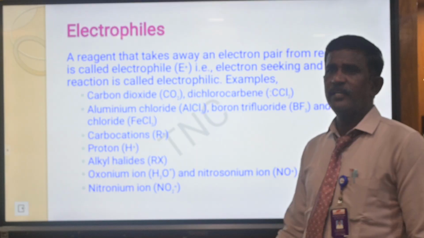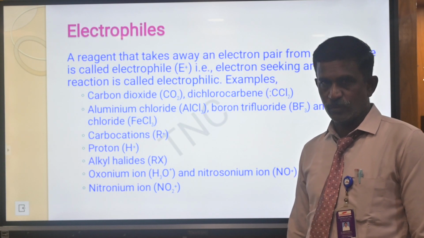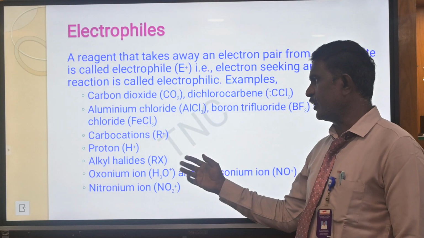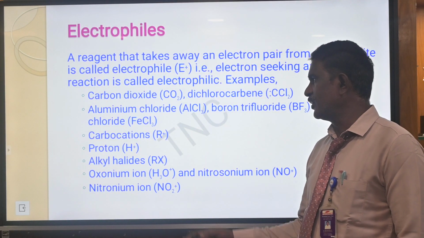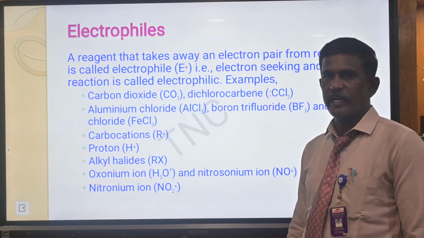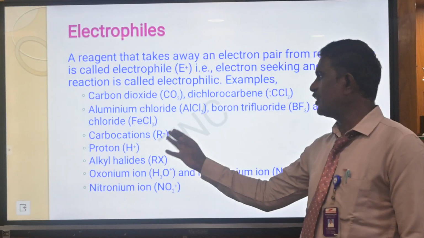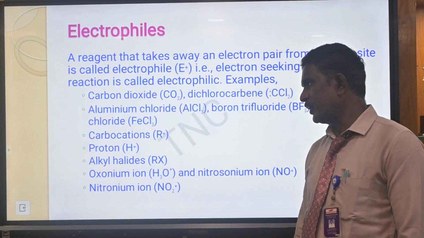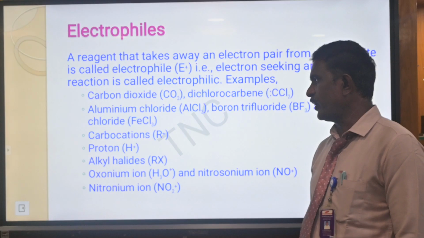Then carbon feels less electron density, so it acts as an electrophile. Similarly in ferric chloride, iron is electron deficient; in aluminum chloride, aluminum is electron deficient. These kinds of metal salts are used as catalysts in organic reactions as electrophiles.